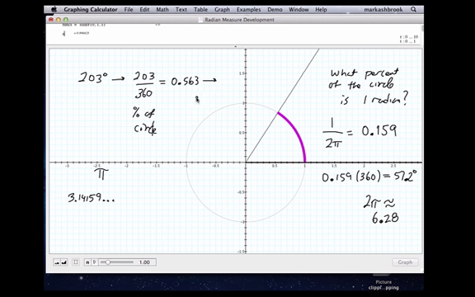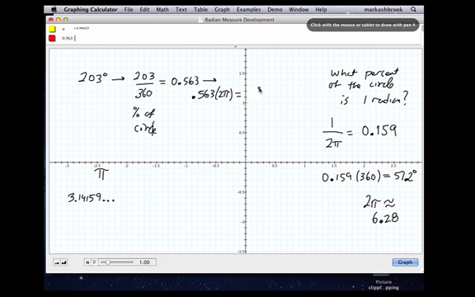So we take 0.563 times 2 pi. What do we got? 3.53, actually 3.54.